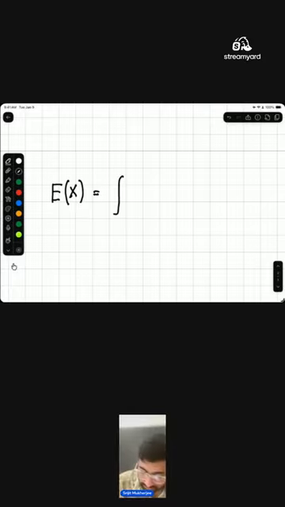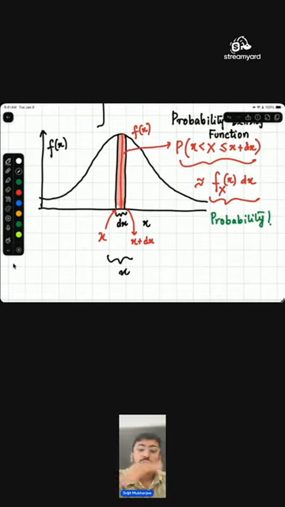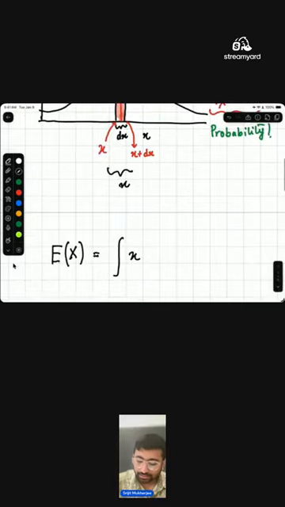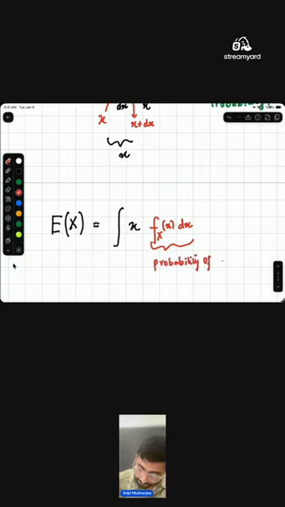For every x, essentially around every x, f(x) dx is the probability of taking values around x. And this is the weight.